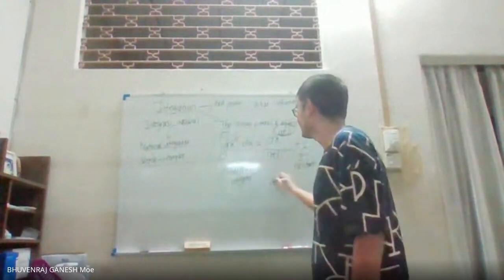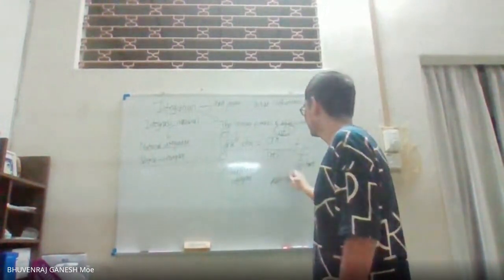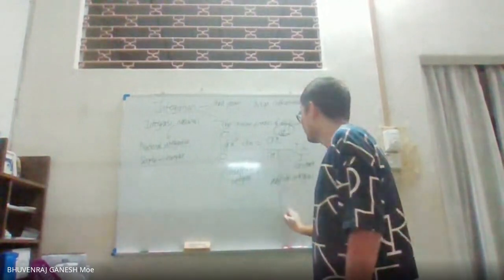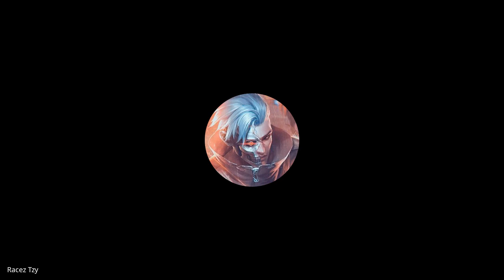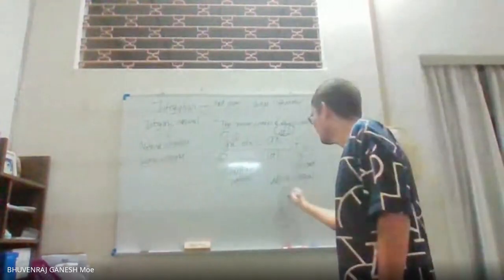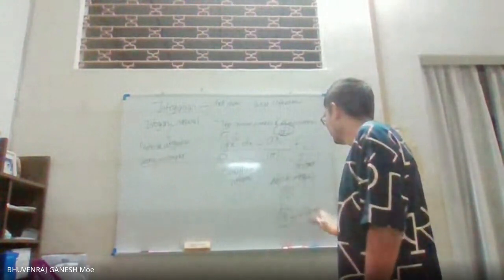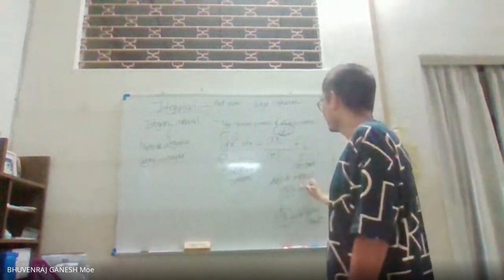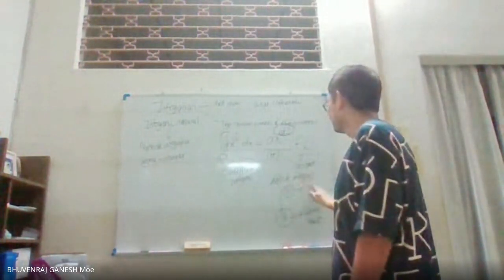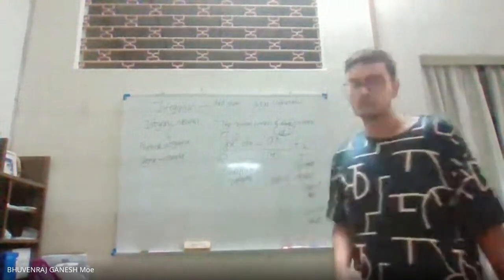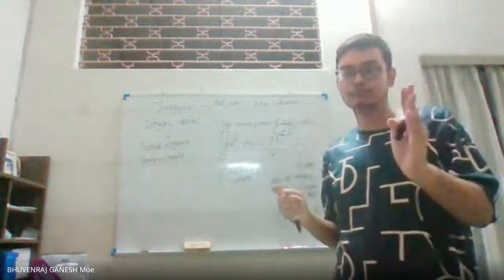A definite integral will look like this, with 3 and 5. Can you see this here? 3 is the lower limit and 5 is the upper limit. In a definite integral, you have limits, like you're integrating from this point to this point.